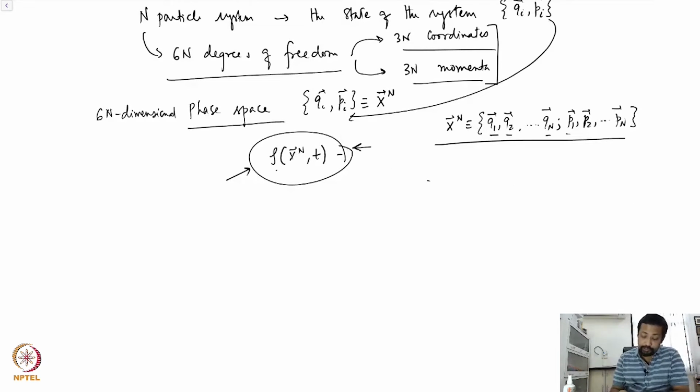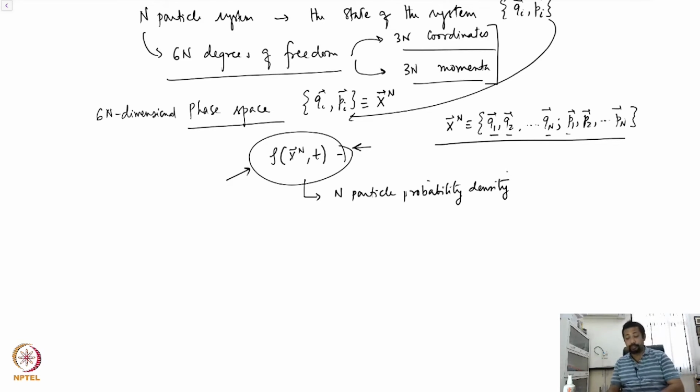Note that this probability density rho of x_N comma t is essentially an N particle probability density, right? It depends on all the coordinates and the momenta of all the particles. However, in practice, this contains too much information, and we do not need so much information.